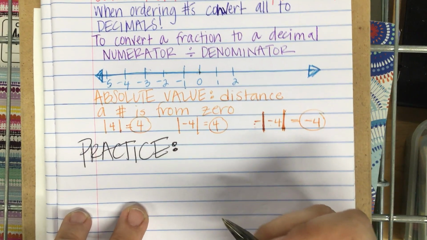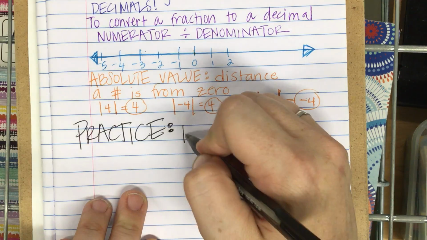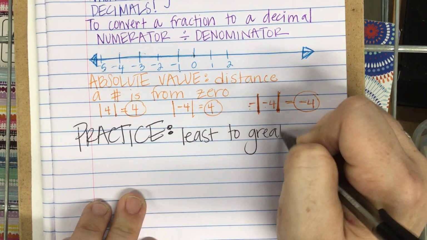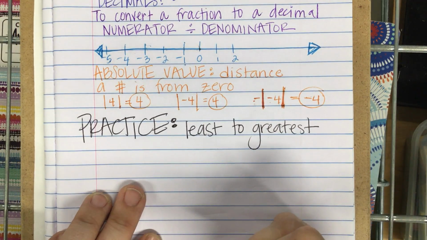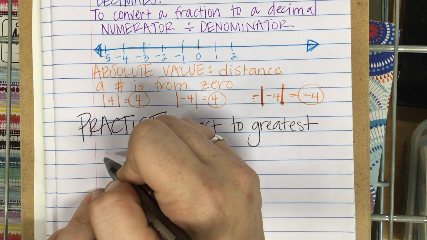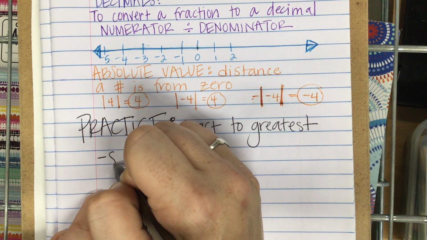All right. Here are my numbers. We're going to go from least to greatest. I'm going to give you a list of numbers. We're going to start out with -8.